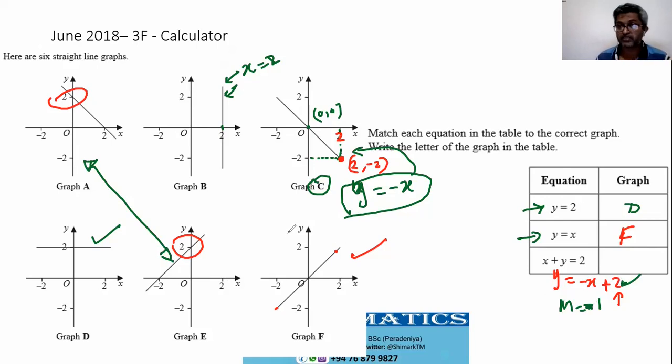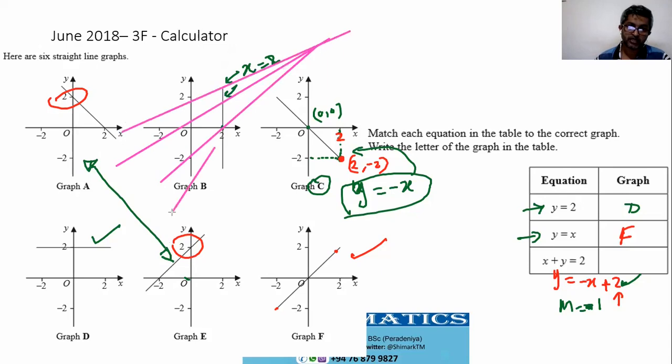But m is -1, the gradient is -1. Which is correct, A or E? If you remember the graphs from when we studied, the graph going like this, all these are positive, which means m is positive.